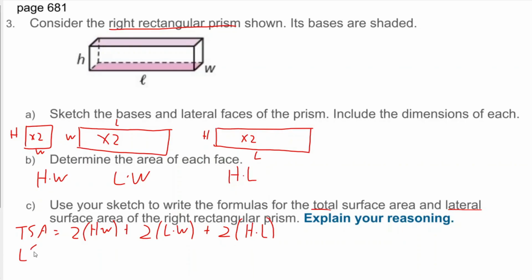And then my lateral surface area is not including my top and bottom. And the top and bottom is length and width. So I'm not going to include this one. So it'd be 2 height times width plus 2 height times length.